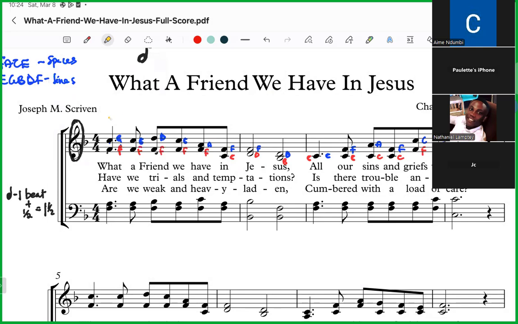So this is 1.5. This is a half note, this is a half note. Half, half, half. Then there is a minim, two. I feel like this is not clear enough.